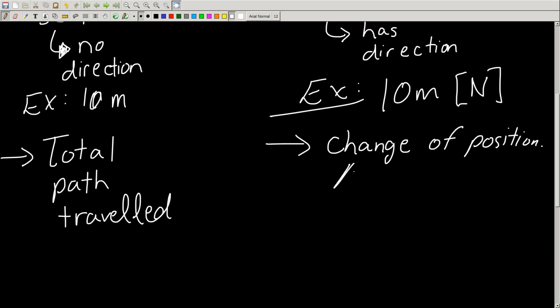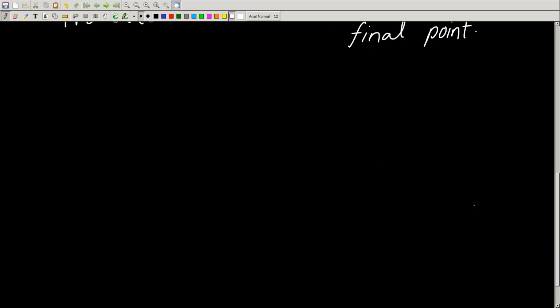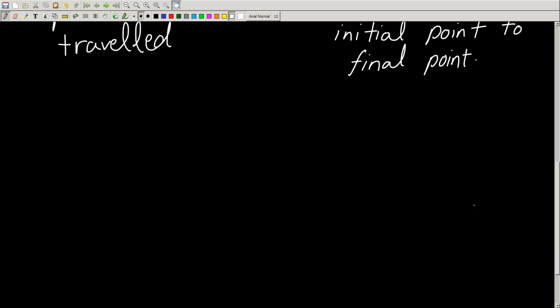It is an arrow from the initial point to the final point. That is the displacement. That is how much you've been displaced. You've gone from the initial point, the starting point, to the final point.